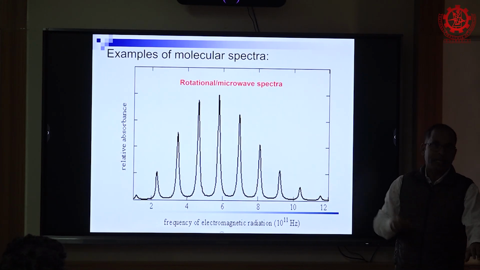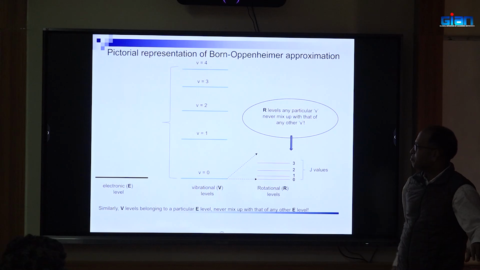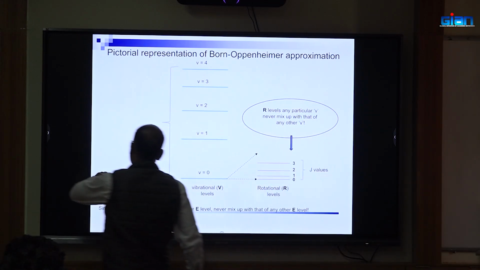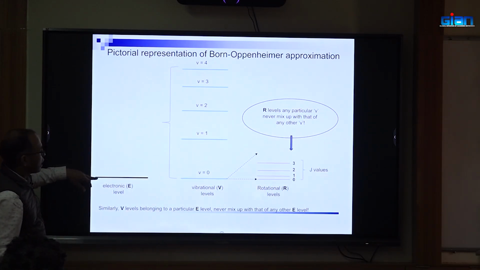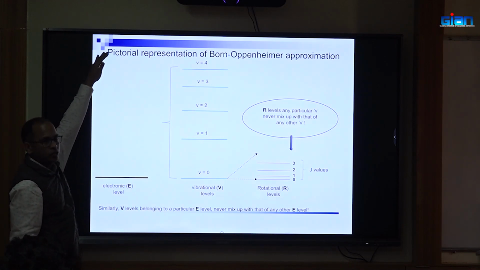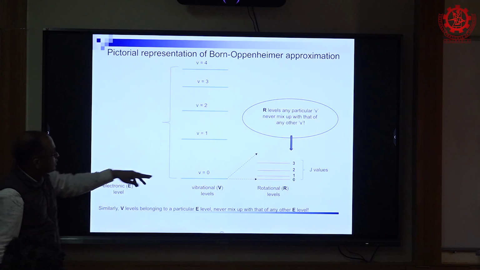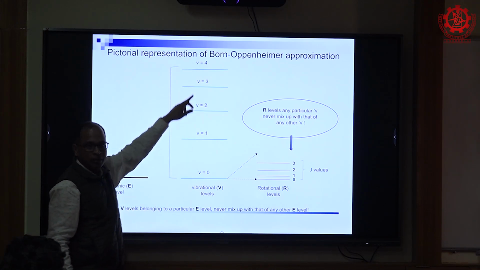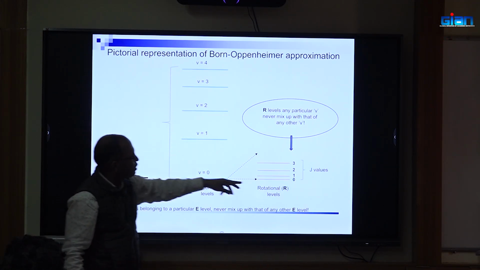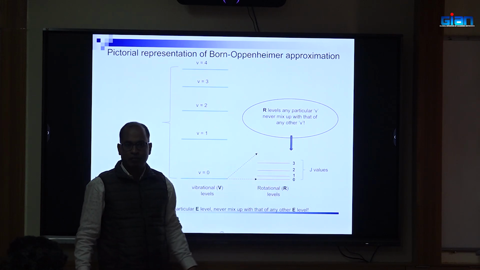The reason is the electronic level: this is the ground state, and the excited state will be somewhere here. In one electronic level there are so many vibrational levels, and in one vibrational level there are so many rotational levels.